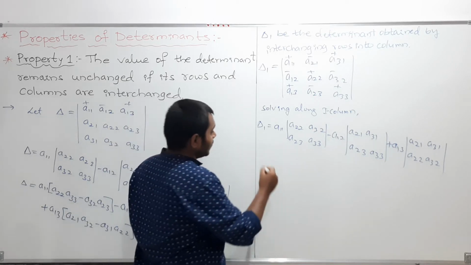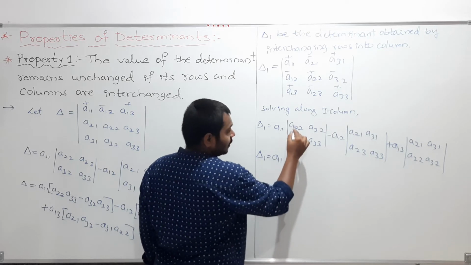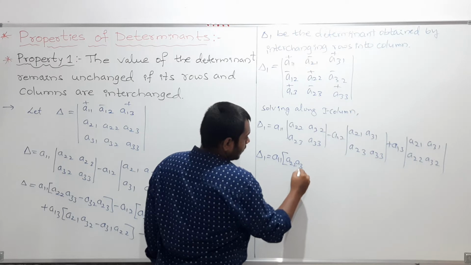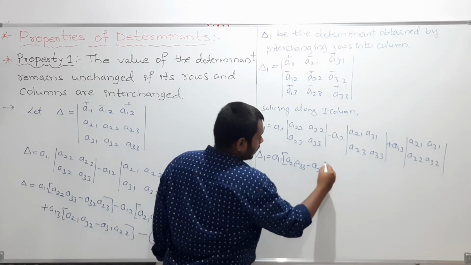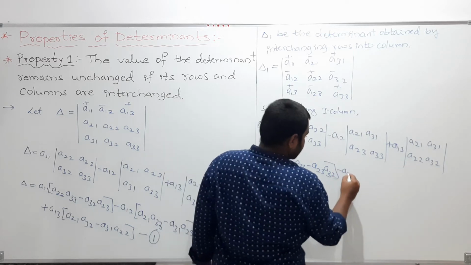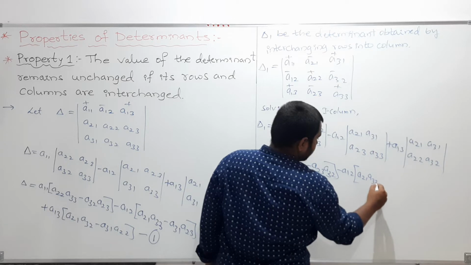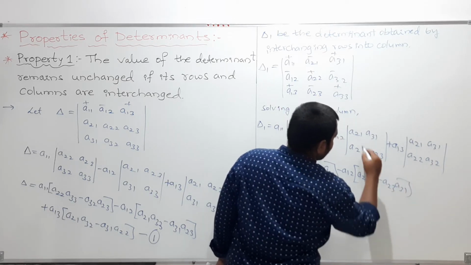Now simplify this further. So delta 1 is equal to A11 into this element into this element: A22, A33 minus A23, A32, minus A12 into A21, A33 minus A23, A31.